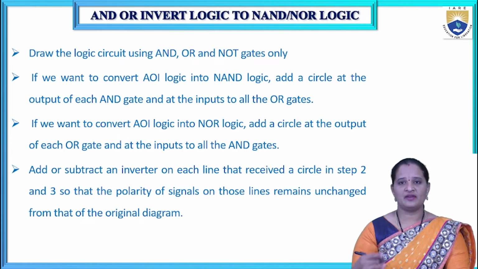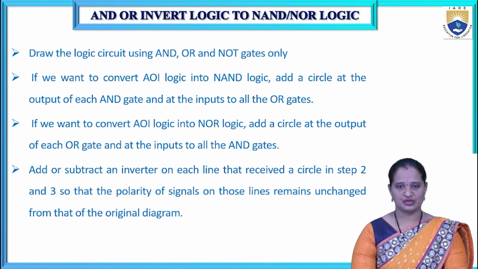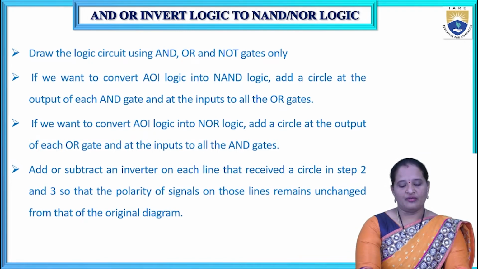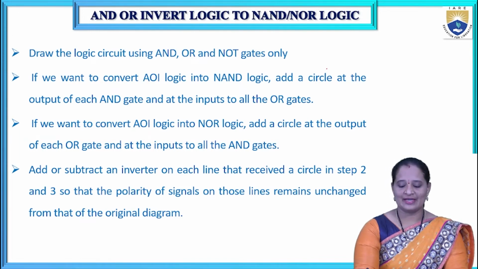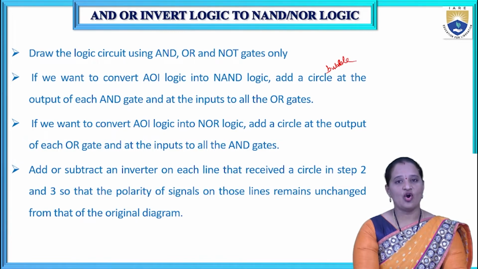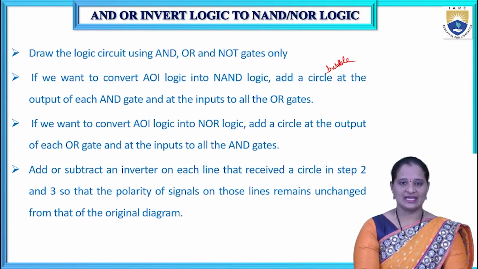Then, if we have chosen NAND logic, that means if we want to implement the Boolean expression using NAND logic, the next step is to add a circle, or we can also call it a bubble. Add a bubble at the output of each AND gate and at the inputs to all the OR gates. So what is this next step?